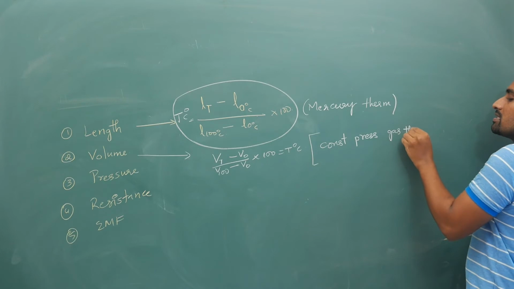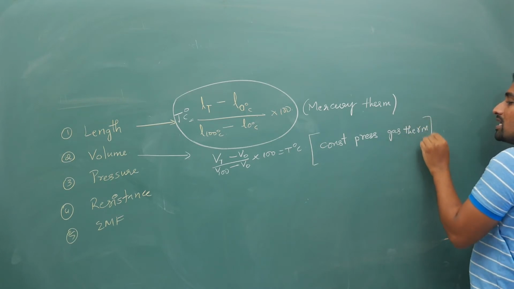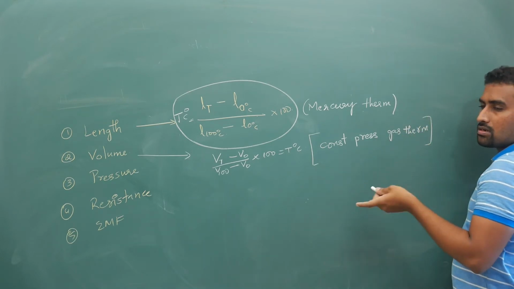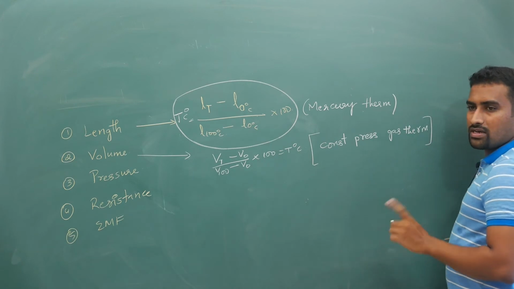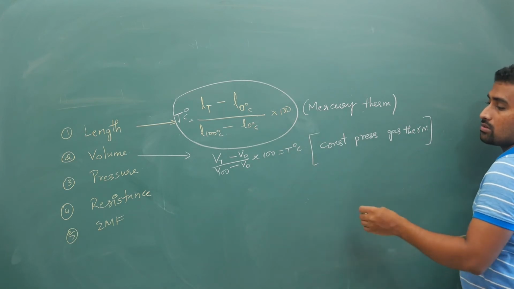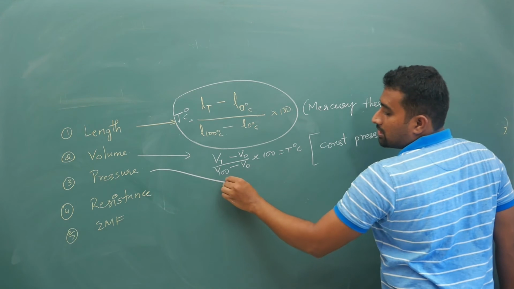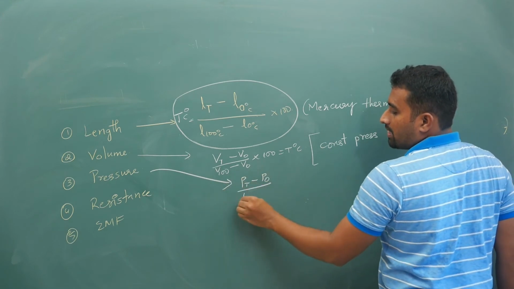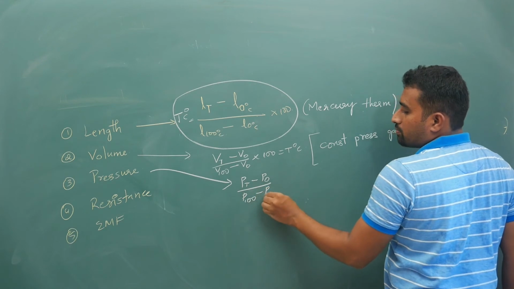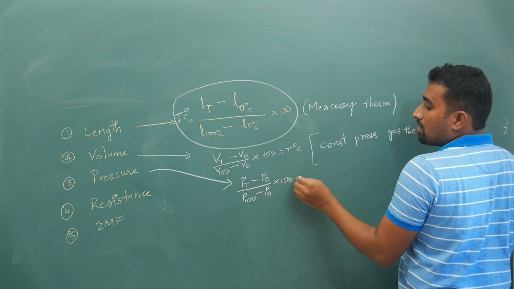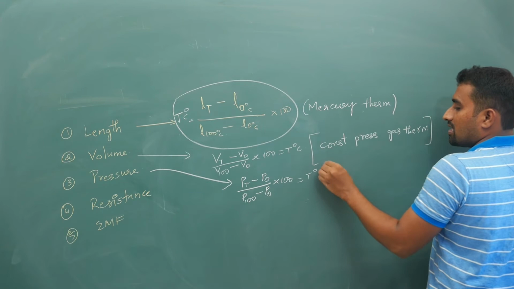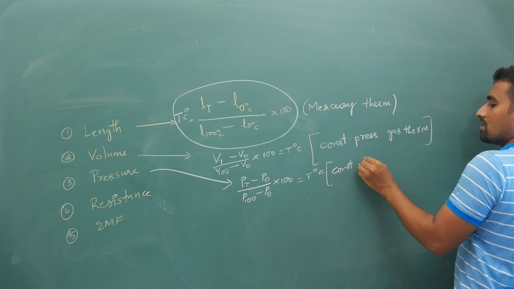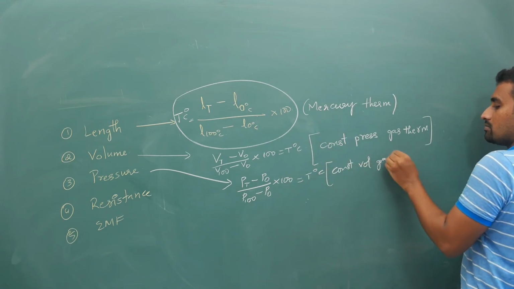You cannot measure volume while keeping variable pressure; you keep pressure constant, because otherwise both pressure and volume would be changing. That is why you do this. Next, coming to pressure: pressure at T minus pressure at 0, by pressure at 100 minus P0, into 100. This is your temperature in degrees centigrade for a constant volume gas thermometer.